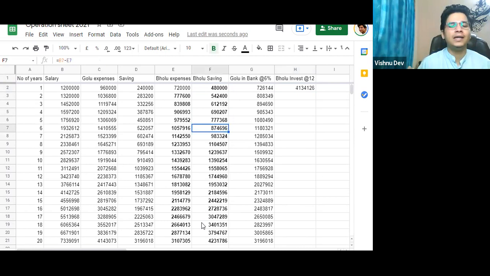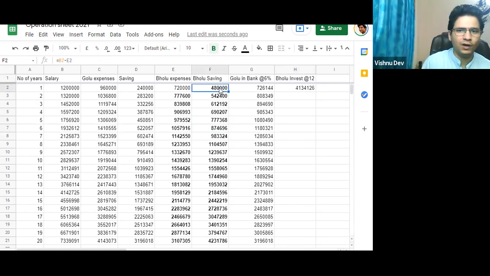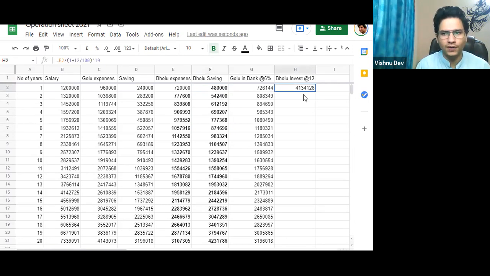I'm saying how much money will it become if he saves 4,80,000 this year and it grows at 12% per year. It will become around 41 lakh 34,000.